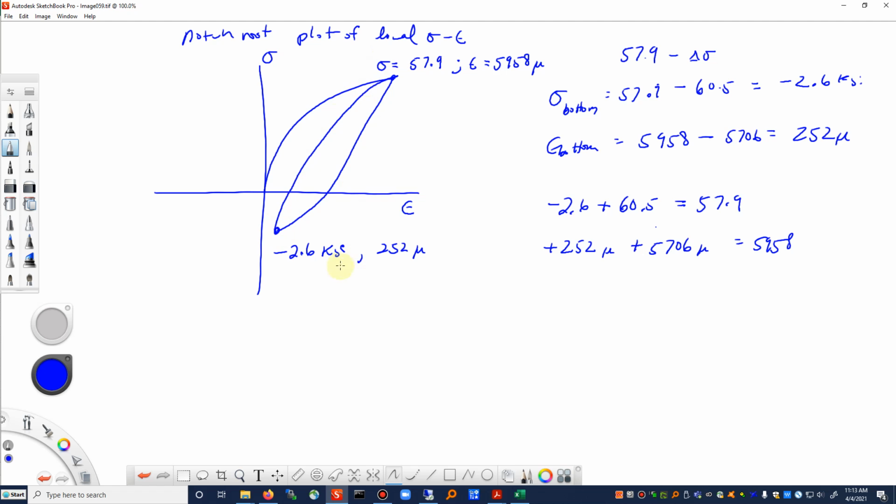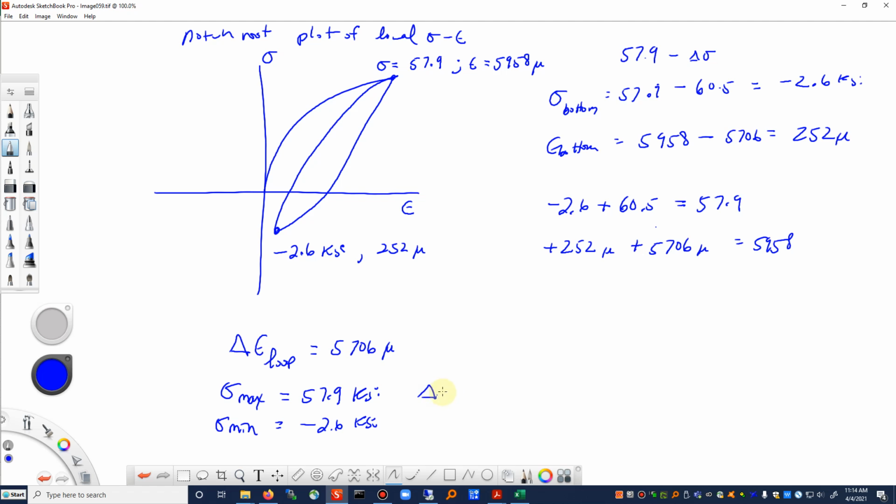My strain range for that loop is the 5706 microstrain. My maximum sigma is 57.9 KSI. My minimum is minus 2.6 KSI.